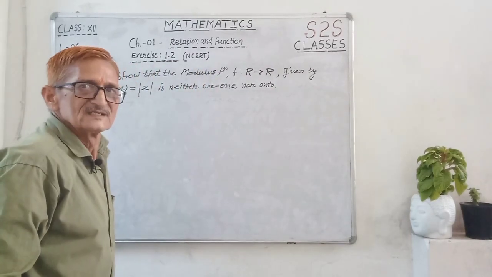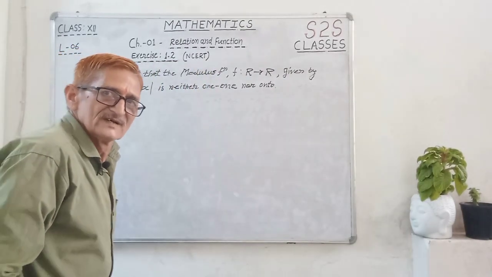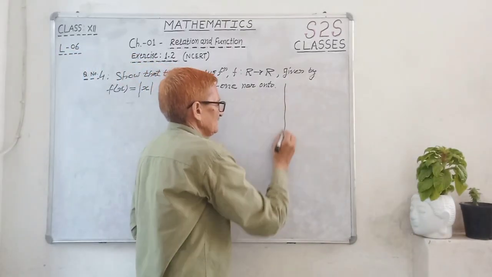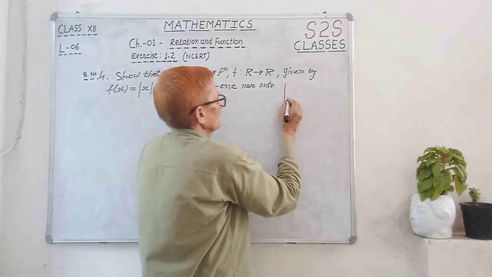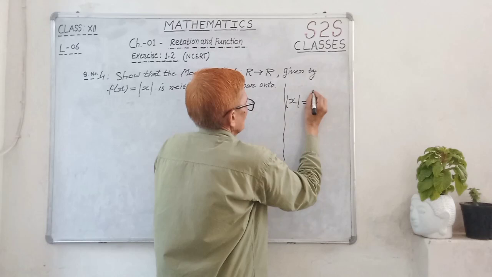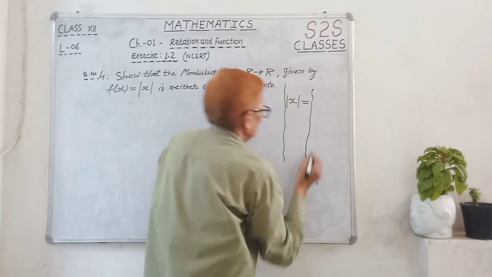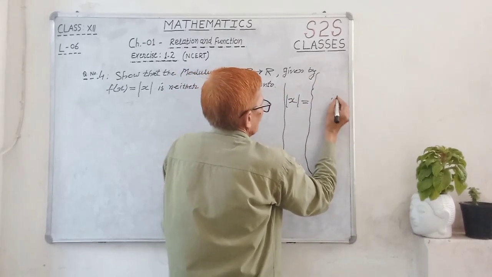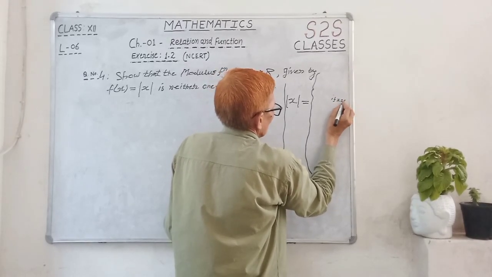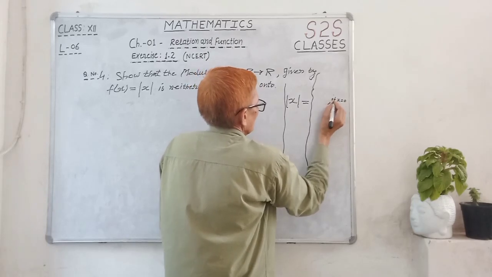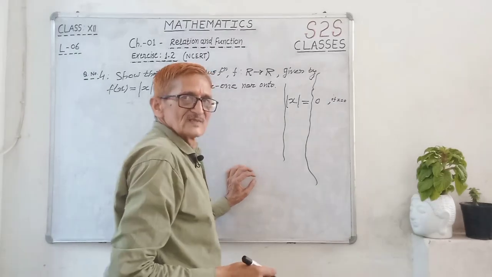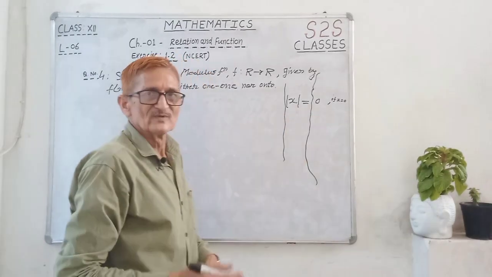We have also read the definition of the greatest integer function in class 11. What is the definition? Now if x is equal to 0, then modulus x is 0.